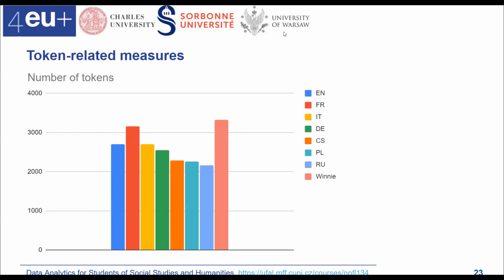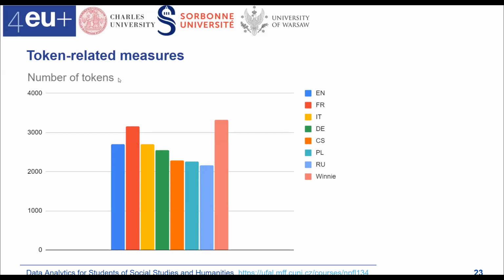So each text was analyzed separately, because in Quitup you have to decide what language is the source language. So you can see the first measure here, and it's a number of tokens. Number of tokens is in fact a number of words. What we see is that for approximately the same length of documents in terms of characters, there are disproportions.